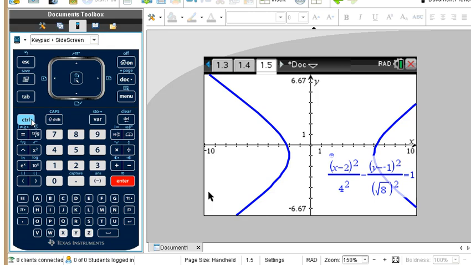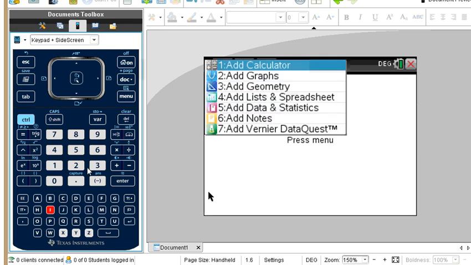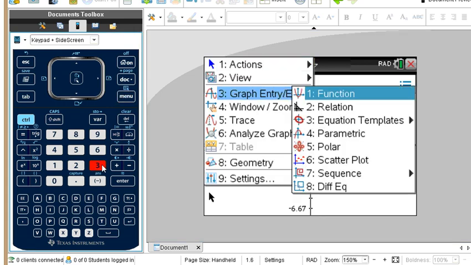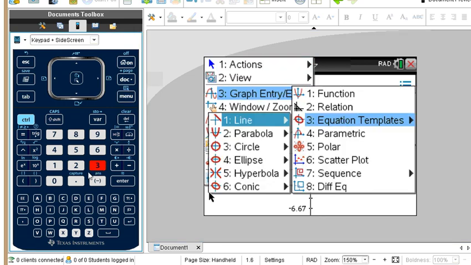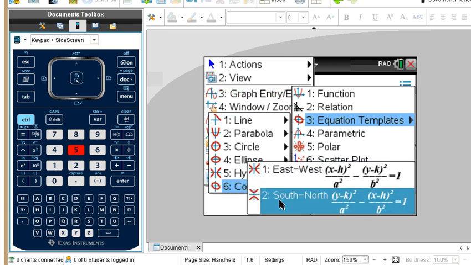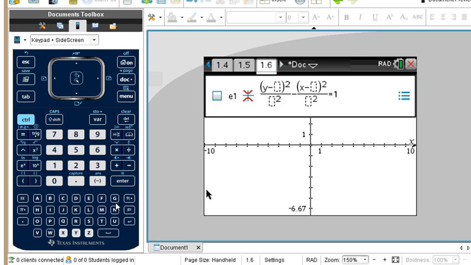So menu, add graph, and we're going to go to menu, 3, 3, and 5 hyperbola, and we're going to go north-south here.